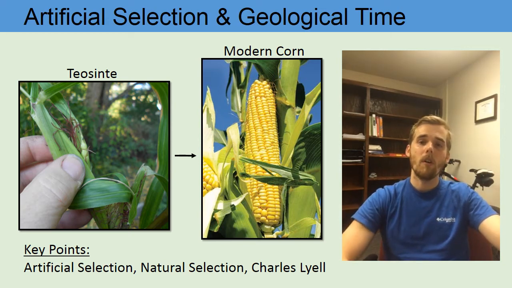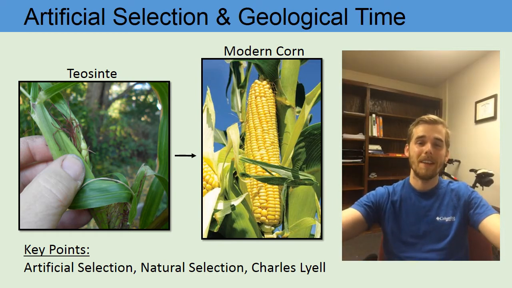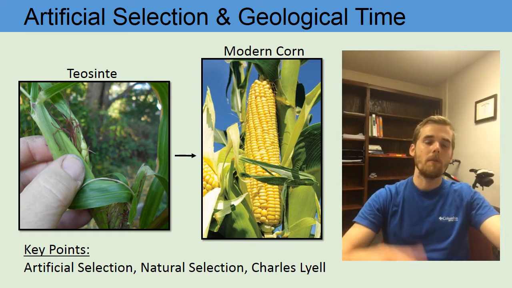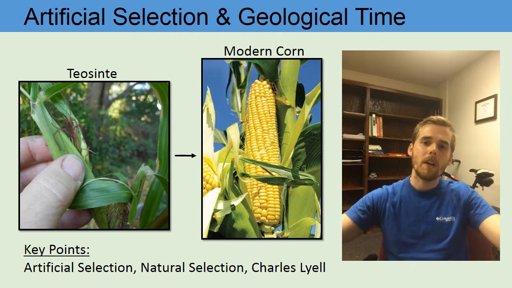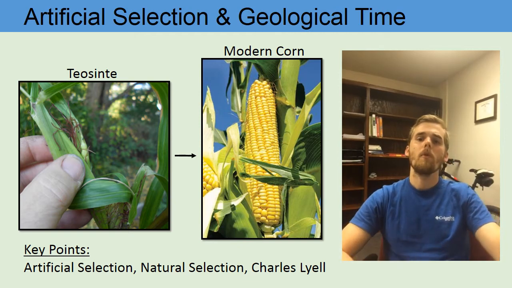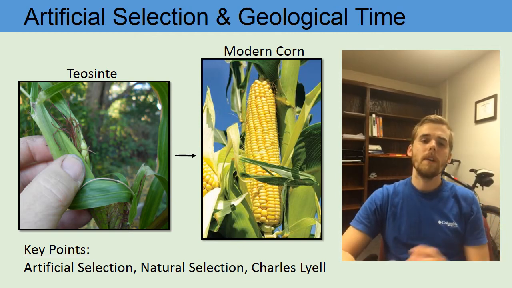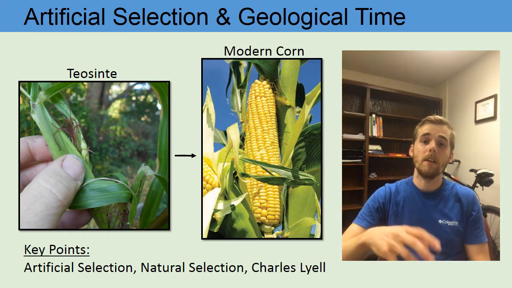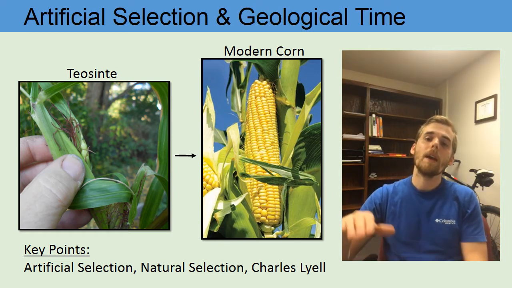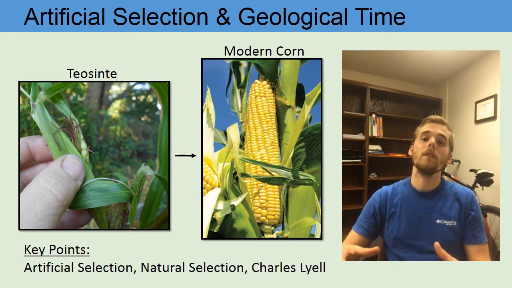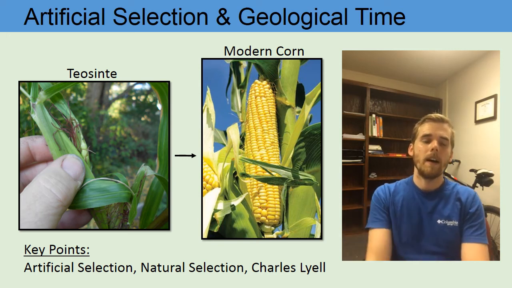Just like with the corn, the ones that were a little bit bigger were the ones that were transmitted into the next generation. And over many, many generations, the overall morphology, the overall phenotype, and therefore the genotype, the allele frequencies, those allele frequencies change.